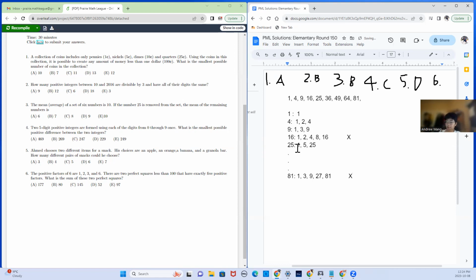And you'll find that these 2 are the only ones who have 5 factors in this list. So they're 16 and 81. So what is the sum of these 2 perfect squares? The perfect squares are 16 and 81. Let's just find that real quick. 16 plus 81 equals 97. So the answer is 97, E. So the answer to question 6 is E.